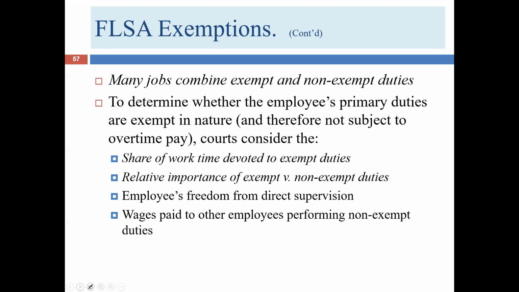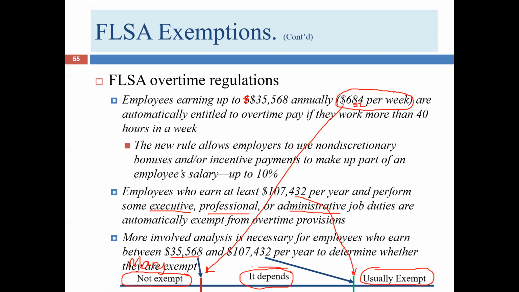So it's kind of a mixed bag of things. As a result, the evaluation about whether somebody is going to be exempt or not, when they fit into this category, is going to be an incredibly fact-intensive examination. And in fact, you may have two people who have the same job title, who report to the same manager, who have the same number of direct reports, and yet how the job happens to be structured for one of them compared to the other might mean that one is exempt and the other isn't exempt.